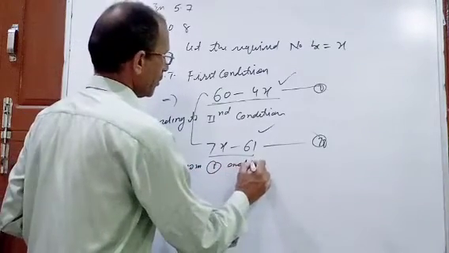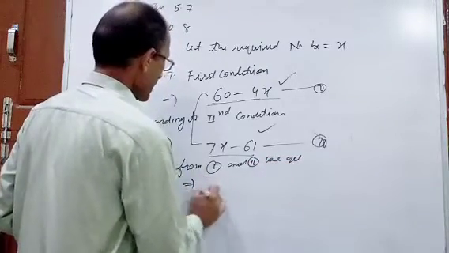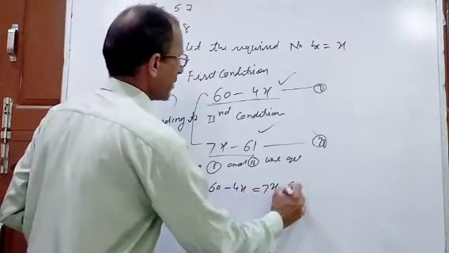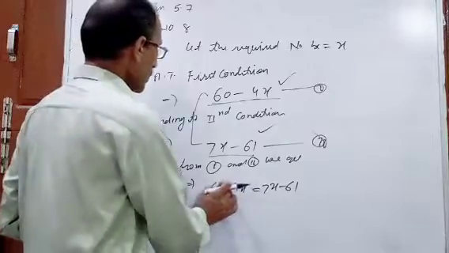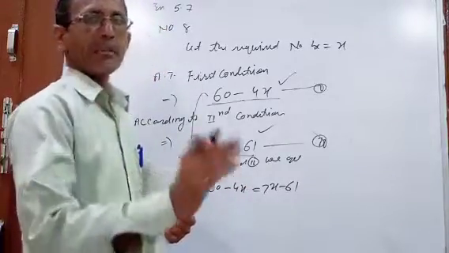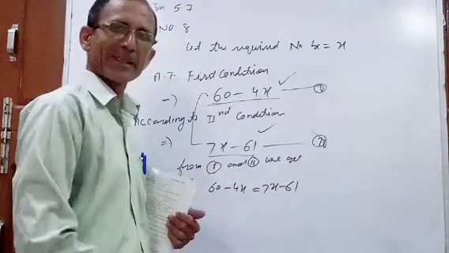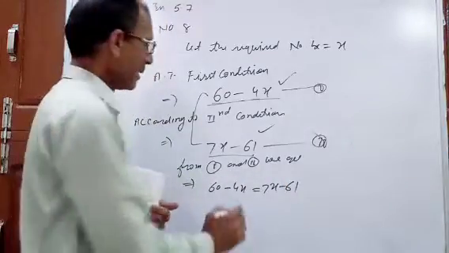Okay, so from 1 and 2, we get 60 minus 4x is equal to 7x minus 61. So shift like terms to one side. Like means this is 4x, this is 7x. These are like terms, and 60 and 61, these are also like terms.